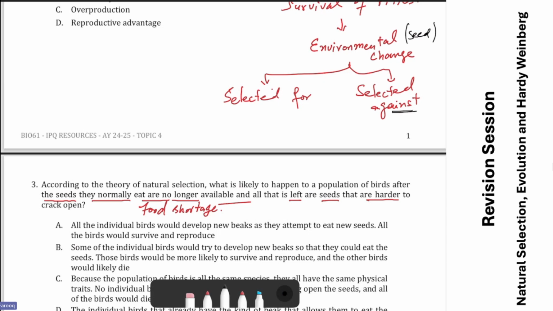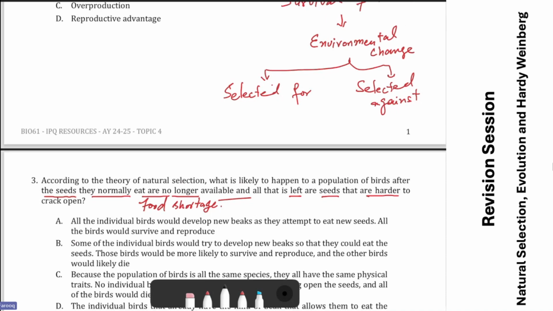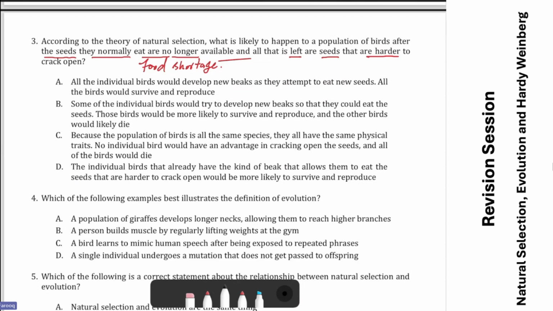Anyone who cannot break open these seeds will be selected against. And the species that might have the ability to break open, they were eating the soft seeds, but now they can break open the hard ones also. So we can say that they will be selected for. Based on all this discussion, we will go and check the answer. All the individual birds would develop new beaks.